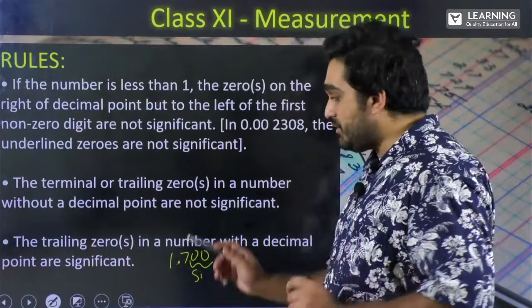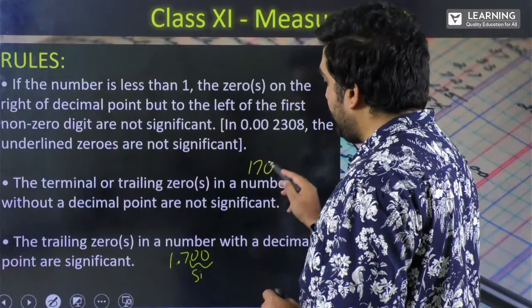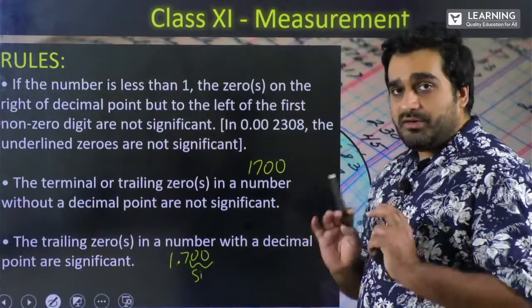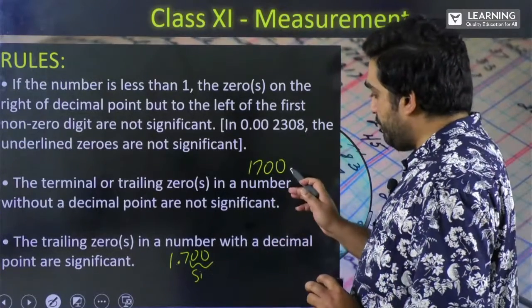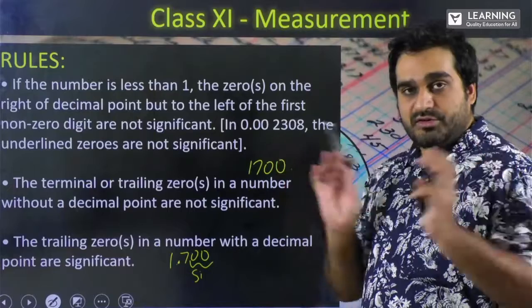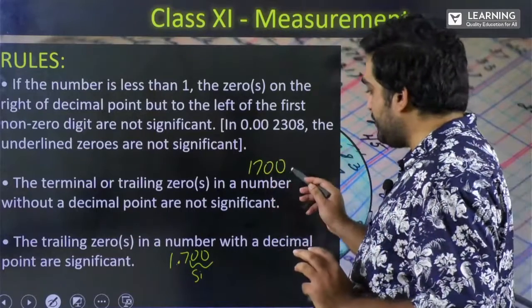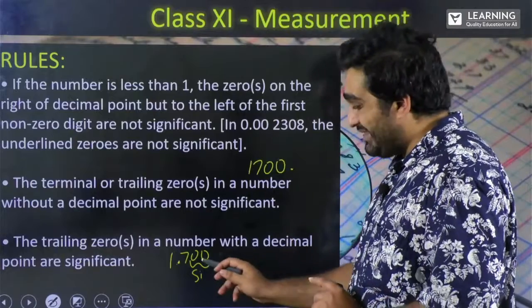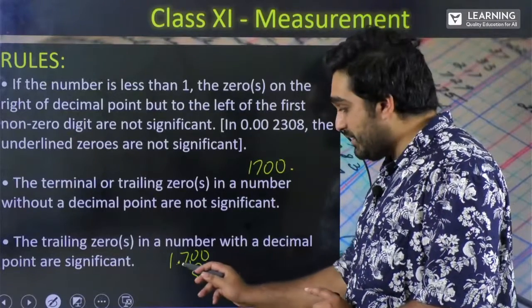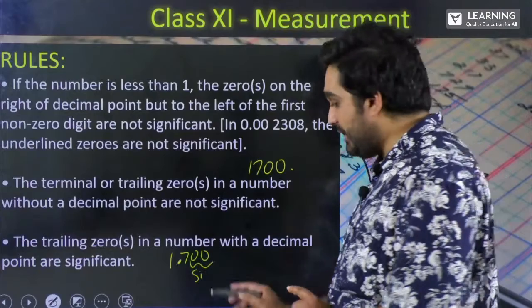A big difference. Here, the trailing zeros are without a decimal. I have not introduced a decimal, and even if you put a decimal, there is no number after it, so these trailing zeros are not significant. But these trailing zeros are significant because they are preceded by a decimal.